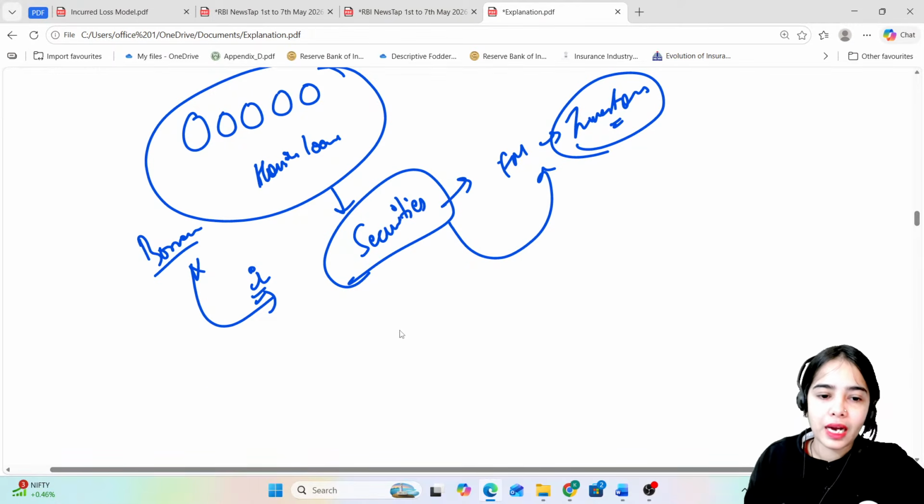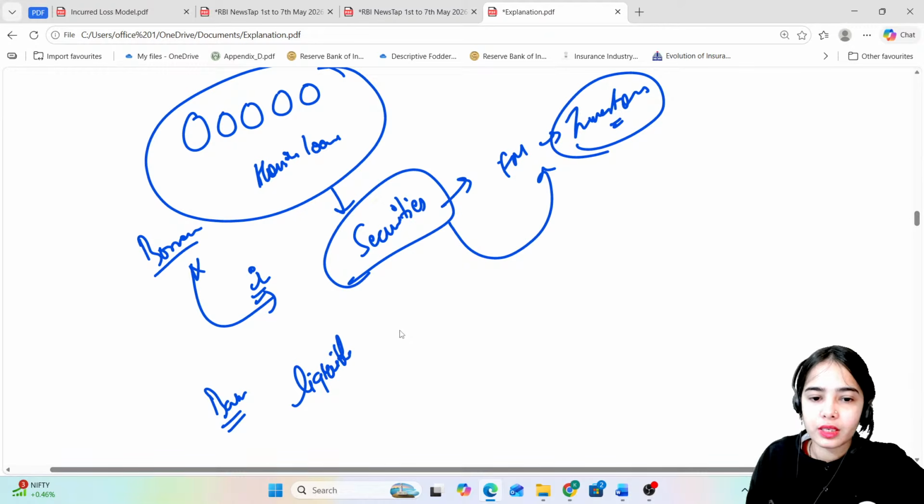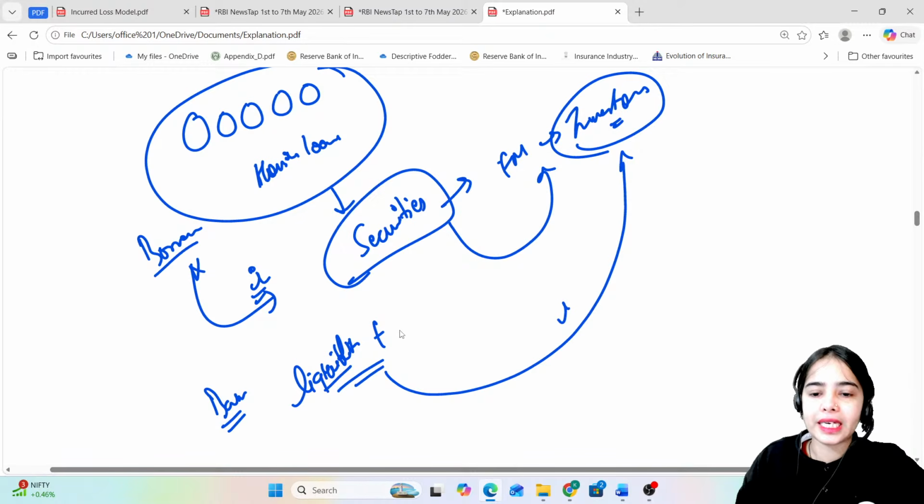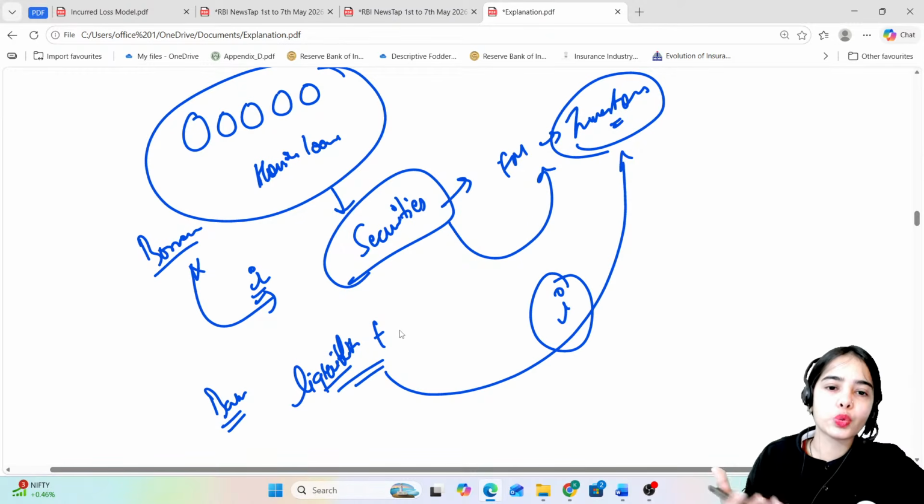The bank can provide a liquidity facility so that the investors continue getting the interest, so that they do not lose trust in these securities and do not start selling them.